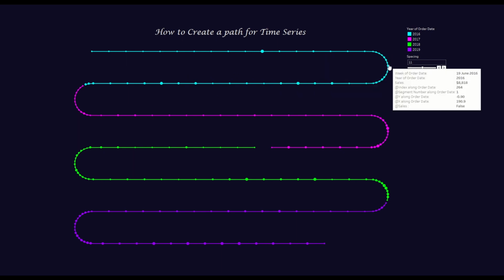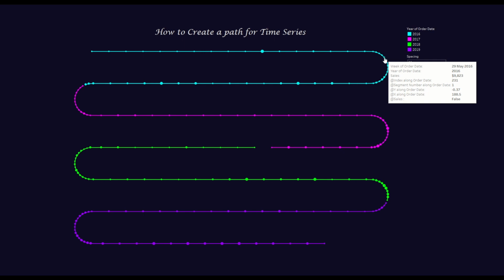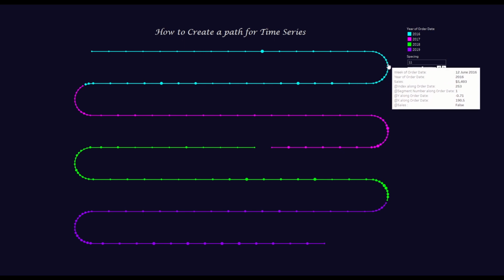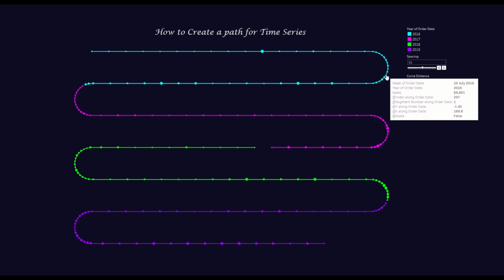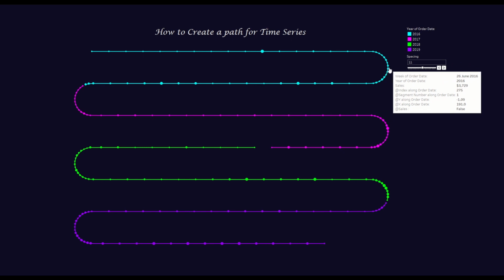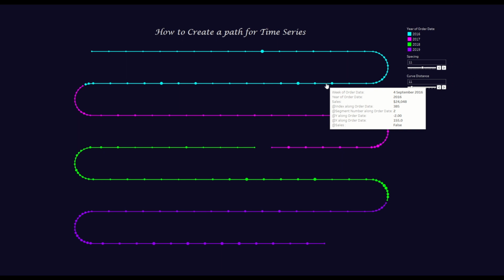But if you see this one, here we are saying the segment mod 2 in this case is not equal to 0. So 1 divided by 2 is not equal to 0. So then we are using the calculation for the curve. But in this case, if you see, the segment is 2. So 2 mod 2, the remainder is 0.